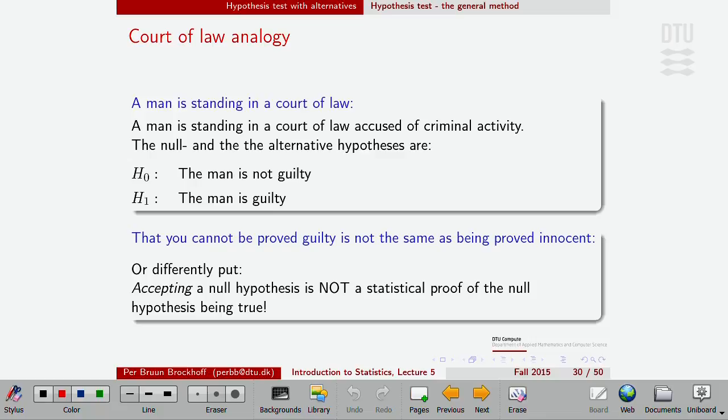By definition, you're innocent, but you haven't necessarily been proved to be. We should be careful about using the acceptance; the lack of rejection is in itself at least not a proof of anything. Because how can we make sure that we don't reject anything? I can just make an experiment with 1 or 2 people. With 1 or 2 people, I wouldn't be able to reject anything. I wouldn't be able to prove anything. But have I proved anything else? No, I've proved nothing. So in itself, an acceptance is nothing.